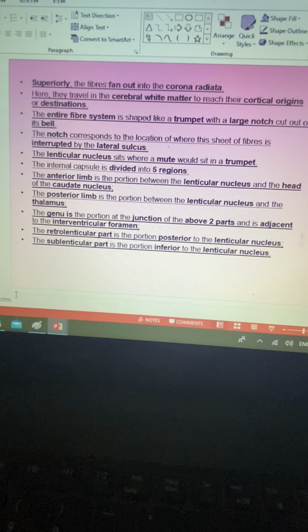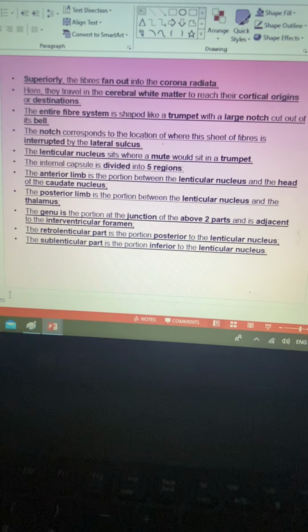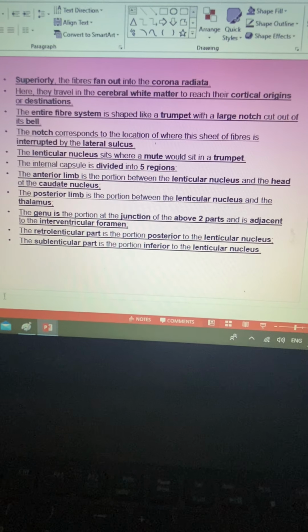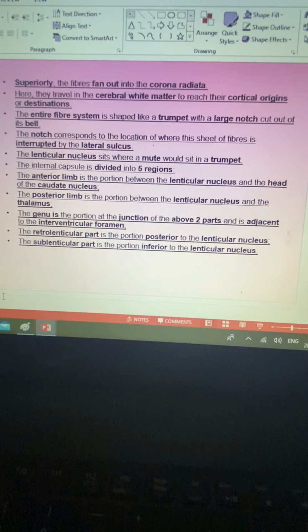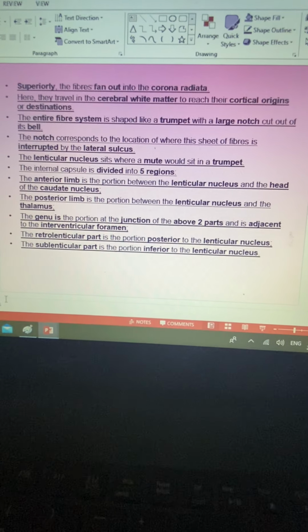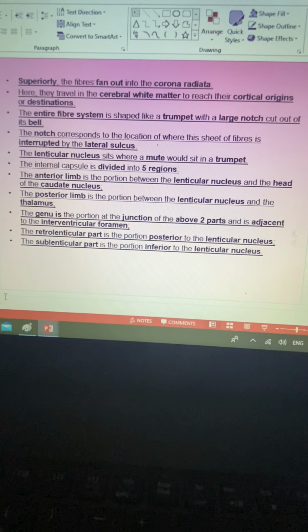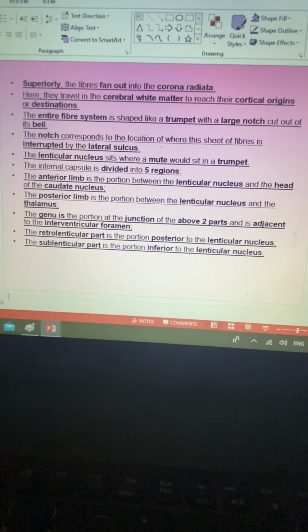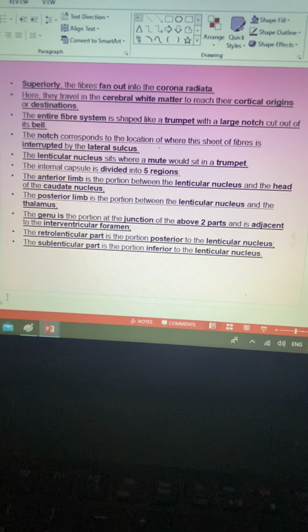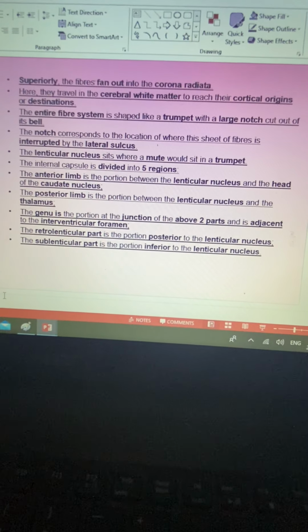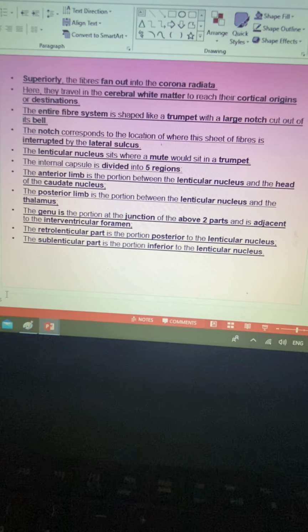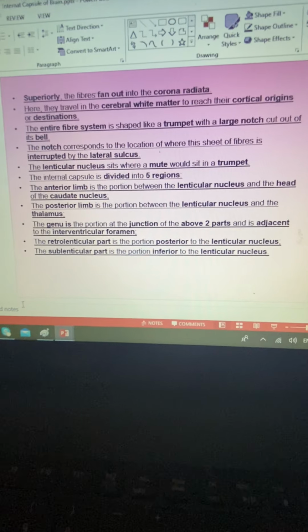Here they travel in the cerebral white matter to reach the cortical origins or destinations. Right? They might originate from the cortex or they might have their destination there. The fibers come from the different parts of the central nervous system to their destination, that is the cortex, or the fibers take their origin from the cortex and go to different parts of the central nervous system.